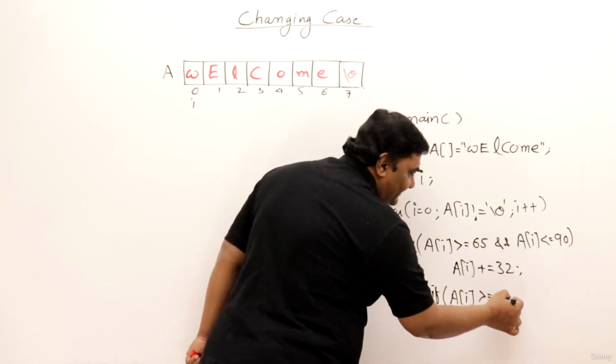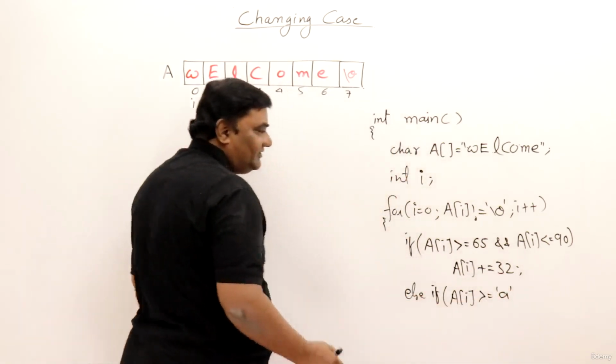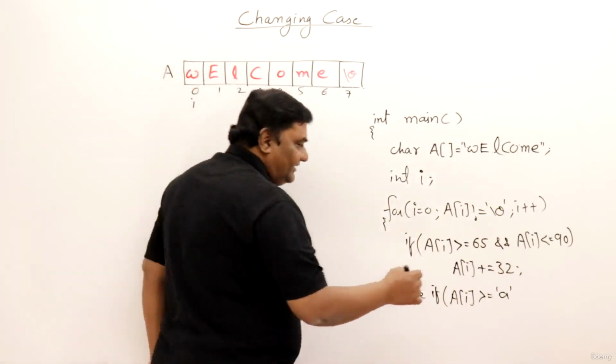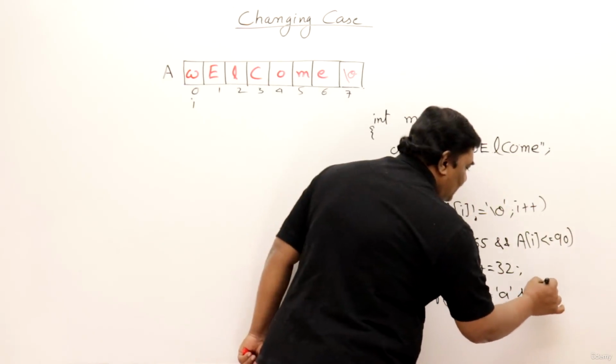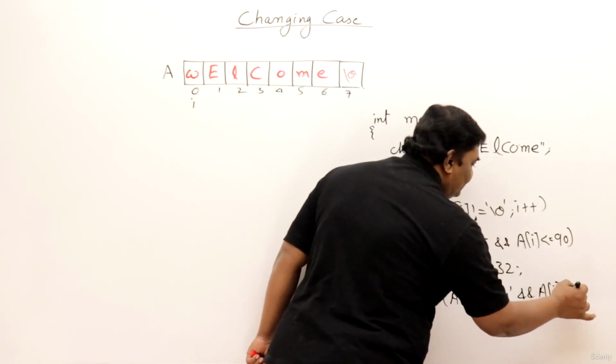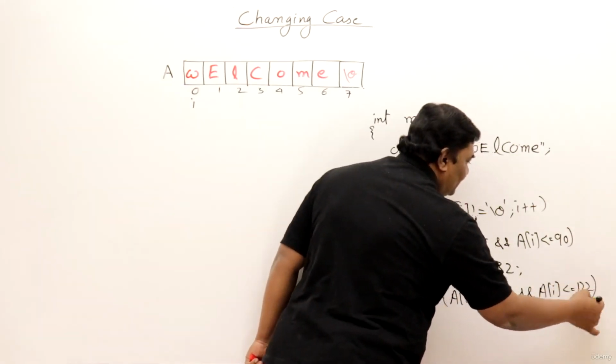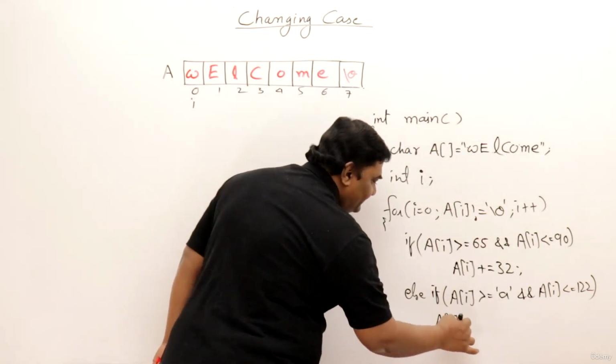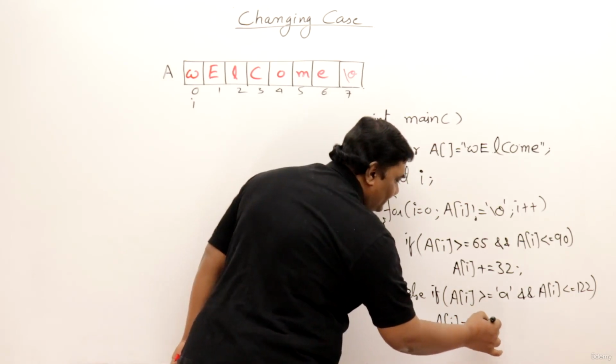Instead of writing 97, I can write the alphabet also in single quotes. So it is 97, and a of i is less than or equal to 122. If so, then I should change this by subtracting 32.